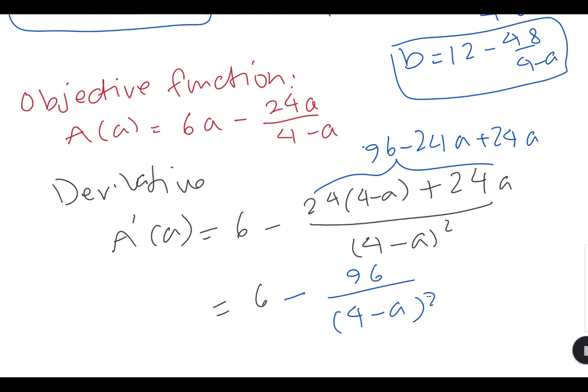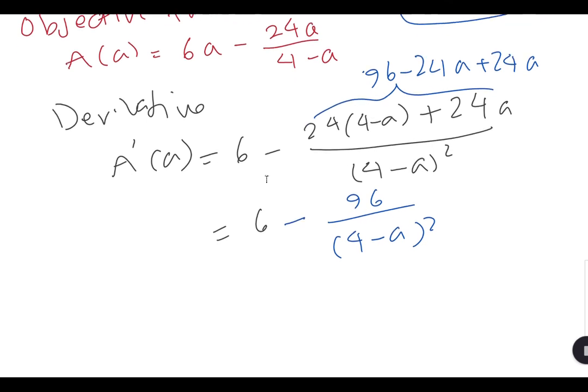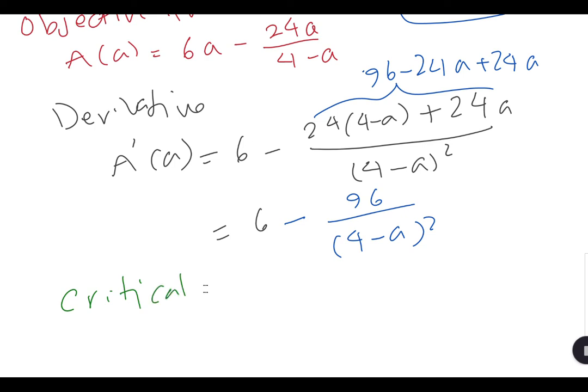I'm going to keep it that way and not do anything further, because at this point I'm going to solve for the critical number anyway. The critical number is going to be setting that equal to 0: 6 minus 96 over (4 minus a) to power 2 equals 0.